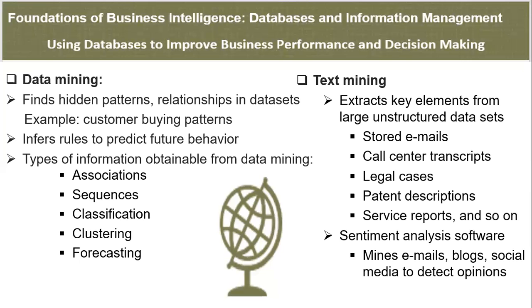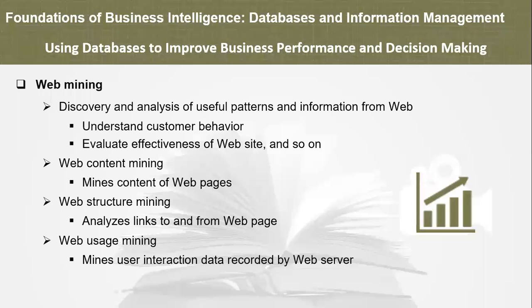Web mining is another rich source of unstructured big data for revealing better trends and insight into customer behavior. It discovers and analyzes useful patterns and information from the World Wide Web.